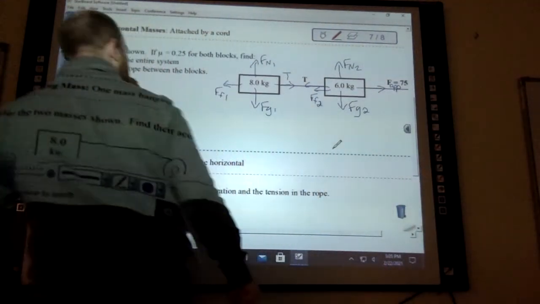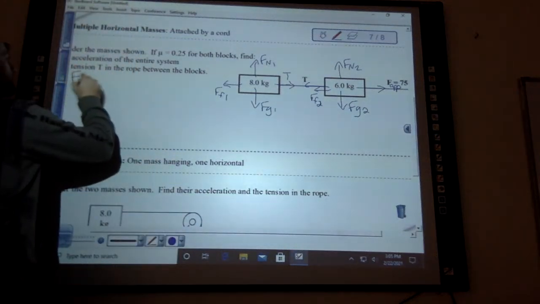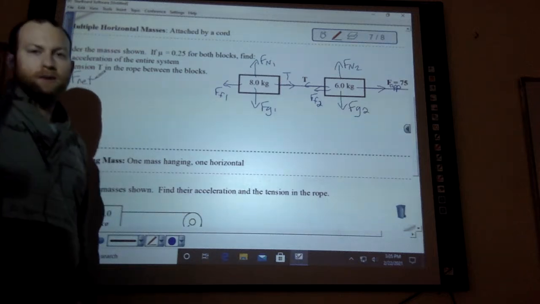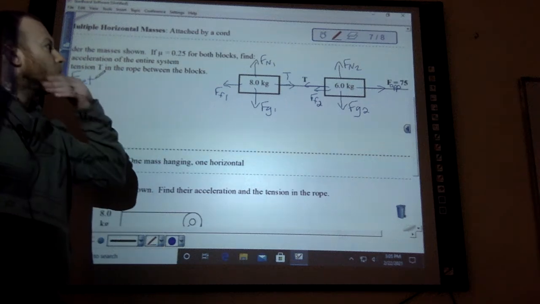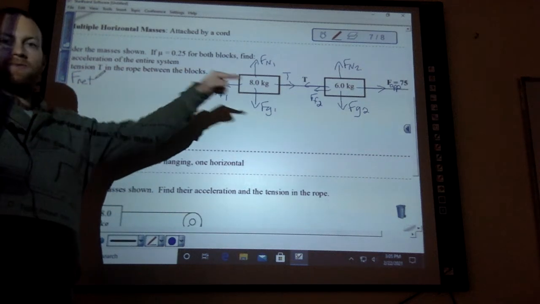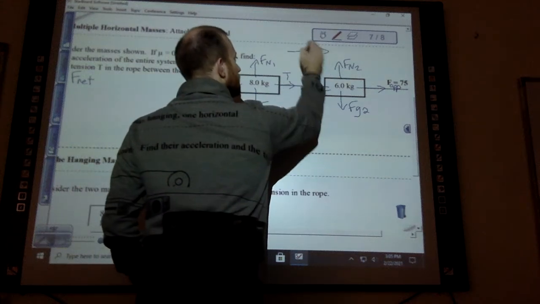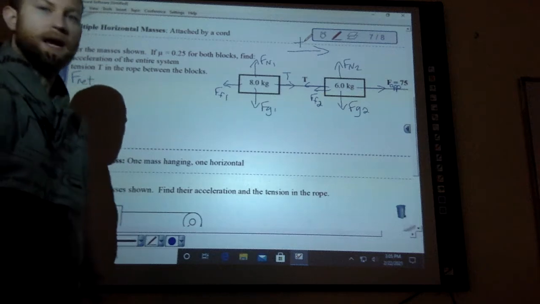So let's make our F net equation. When we're doing F net, we need to think, what are the positive forces? In this case, we're going to move to the right, because that's the force applied. So anything moving in this direction must be positive. Anything going the other way must be negative.